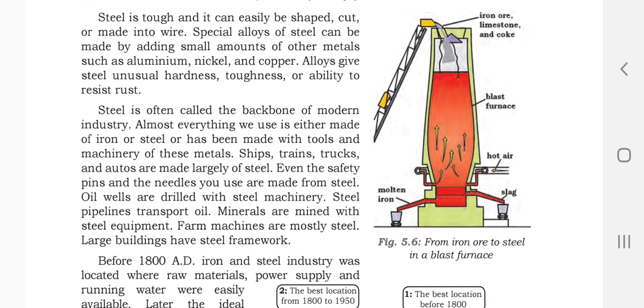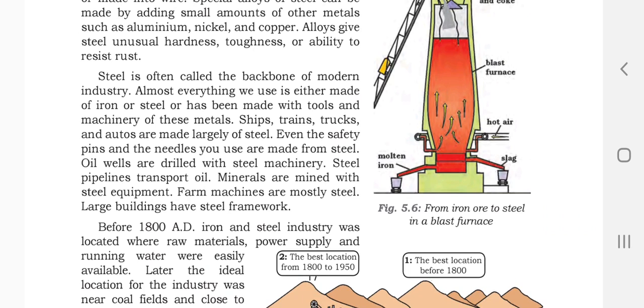Almost everywhere we use this; everything is either made of iron or steel, or made with tools and machinery of these metals. Ships, trains, trucks, and autos are made largely of steel. Even the safety pins and needles you see are made from steel. Oil wells are drilled with steel machinery. Steel pipelines transport oil, and mines are worked with steel equipment.